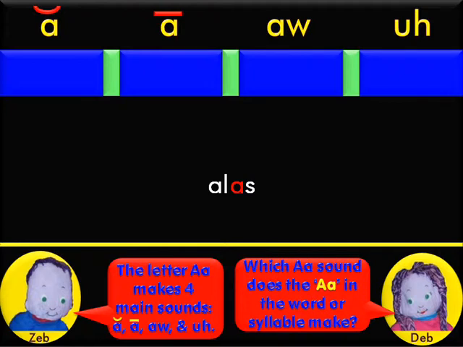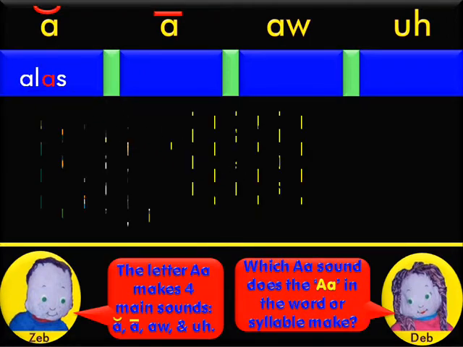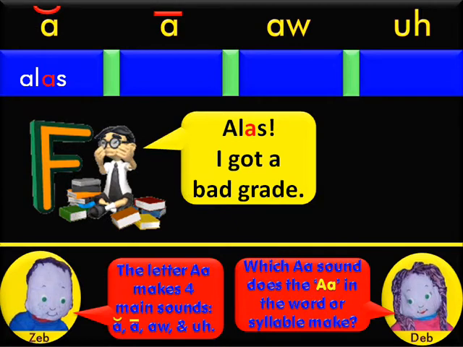Which slot does it float into? Did you get it right? Well, then you won't be like that character that says, "Alas, I got a bad grade." Because you got a good grade. Yay!